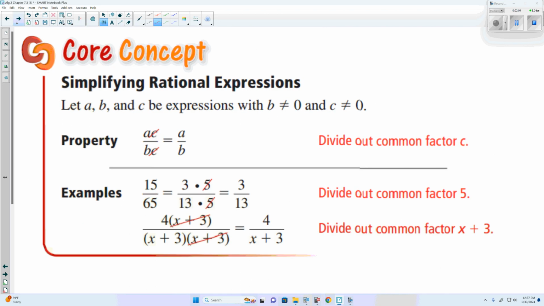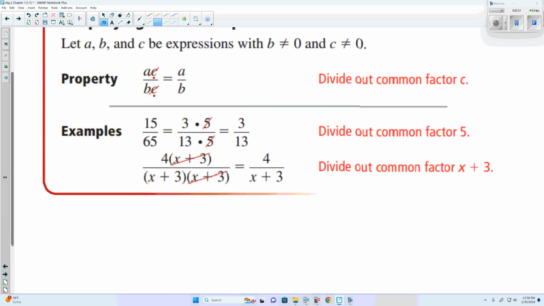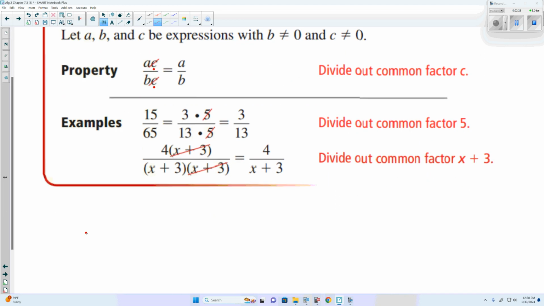Simplifying rational expressions, this is the first thing we're looking at. So this is the property, and we have some examples. The property says if A times C over B times C, since they have the C term in common, we would cancel it out, leaving us with A over B. Our numeric example, 15 over 65.